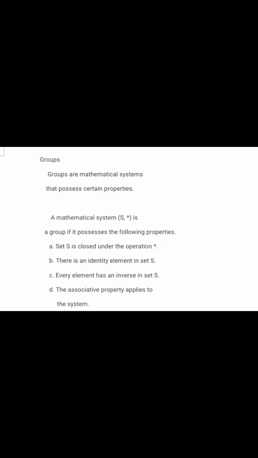Groups are mathematical systems that possess certain properties. A mathematical system S and times is a group if it possesses the following properties. A, set S is closed under the operation. B, there is an identity element in set S. C, every element has an inverse in set S. D, the associative property applies to the system.